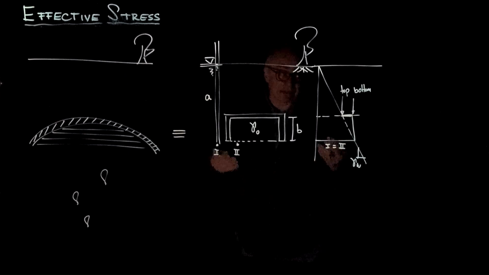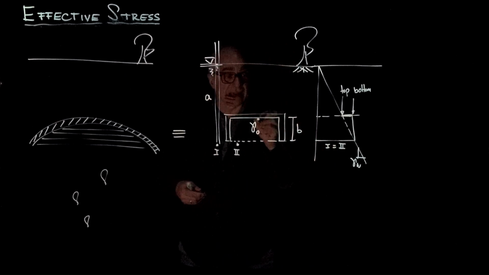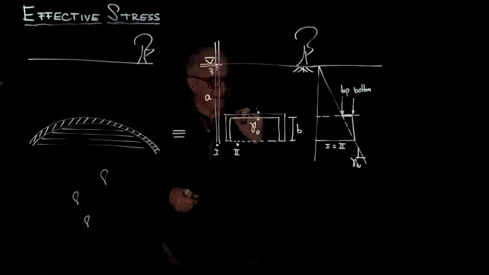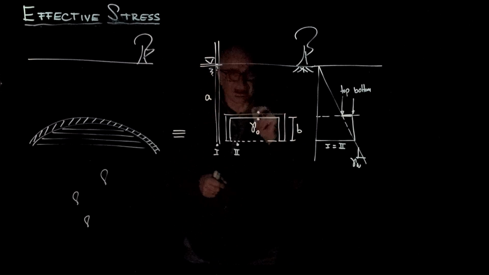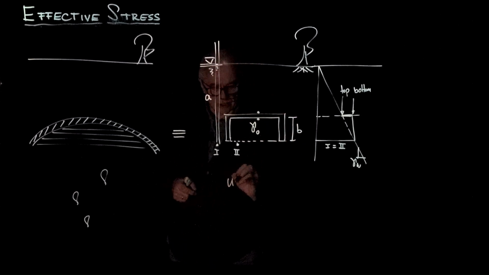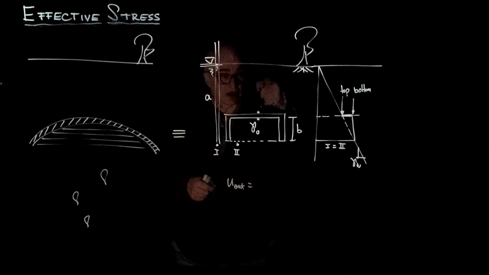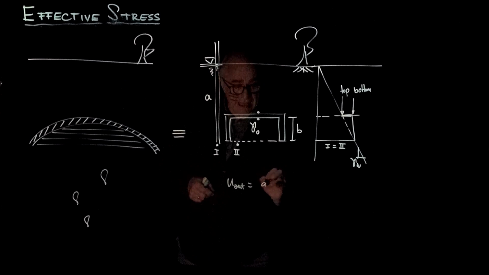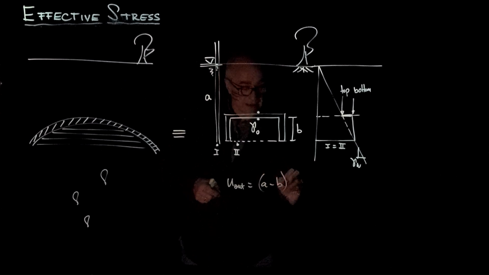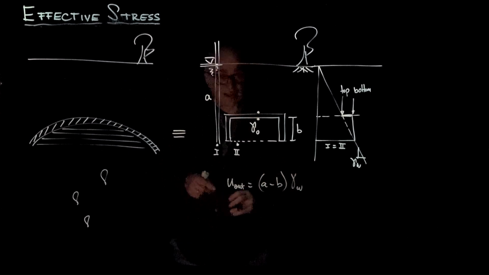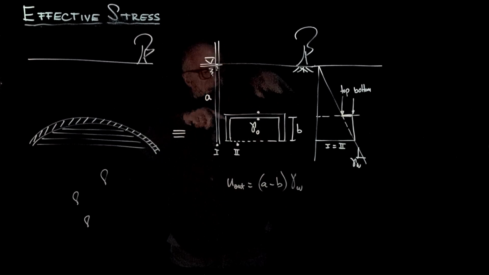So now you can see what is the pressure inside and the pressure outside, assuming that this is very, very thin. The pressure from outside, coming from the top, will be (A minus B) gamma water. This is the height, (A minus B) gamma water.